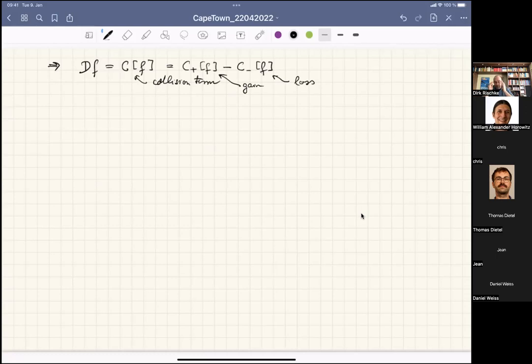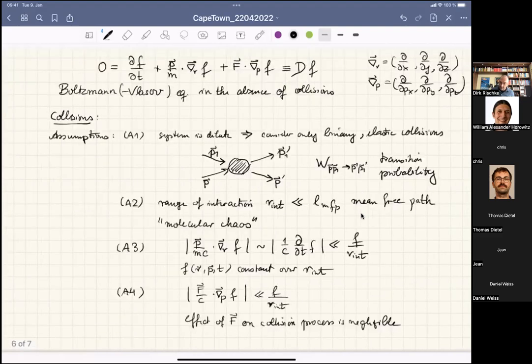What do I mean by gain and loss? If you look at this collision process here, you see you started with some particle with momentum p, but it collided with some other particle, and at the end, the momentum of that particle has changed. It's p prime. So that's a loss part.